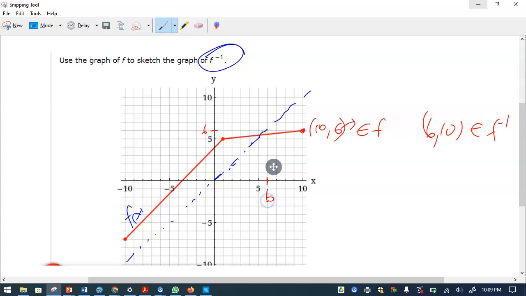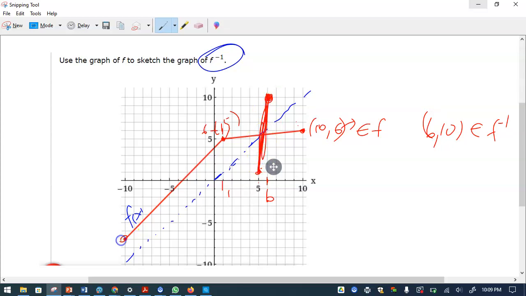This is 6, and you go all the way. Yeah, that's the point reflection of it. So the reflection of this point is here, and this point is (1, 5). So if there is a (1, 5) here, I have to mark (5, 1). So (5, 1) will be right here. And this is how the reflection will take the first part.